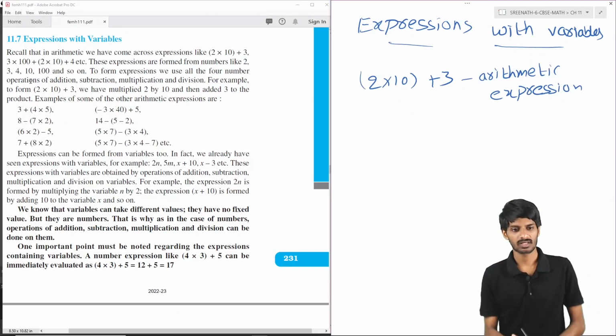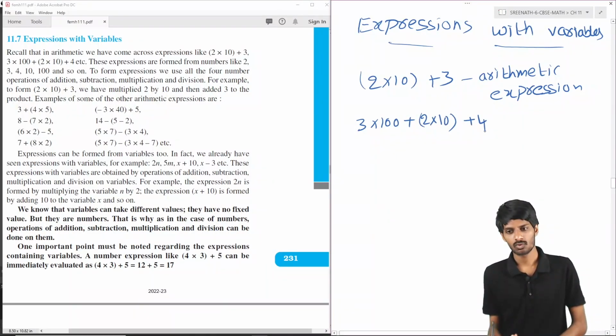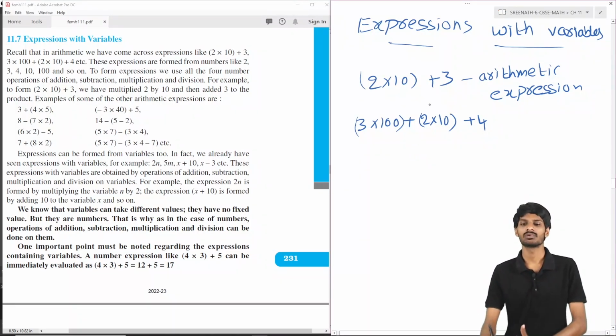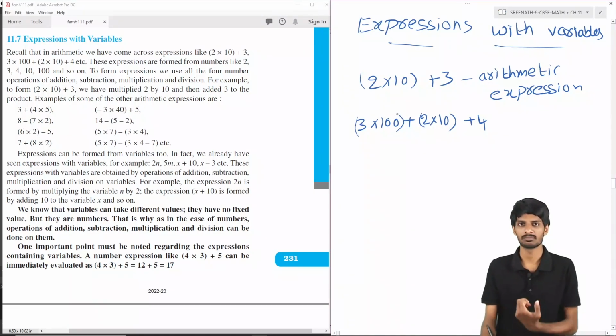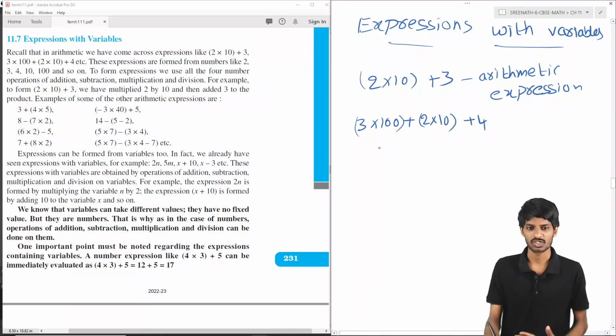The next one is 3 into 100 plus 2 into 10 plus 4. It is also another arithmetic expression. Here there are numbers and there are operations on those numbers. That's why it is an arithmetic expression.